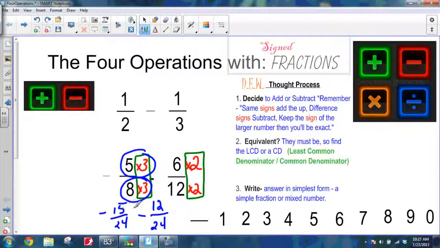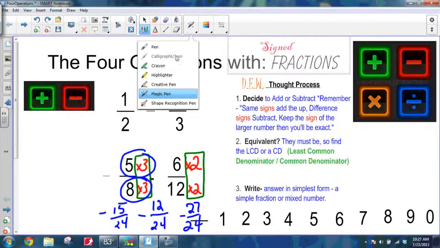So 15 plus 12, because I have 15 negative 24ths, and I have another 12 negative 24ths. So altogether, I have negative 27 24ths.